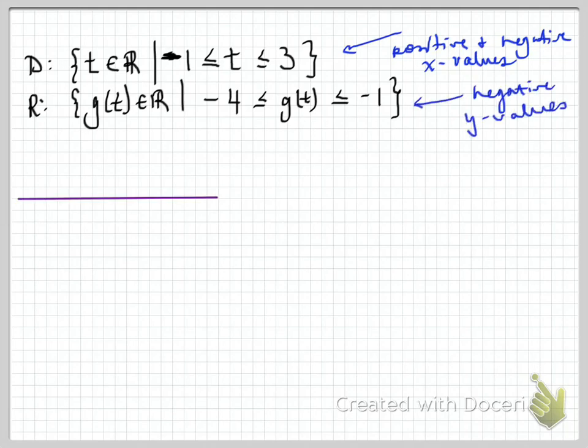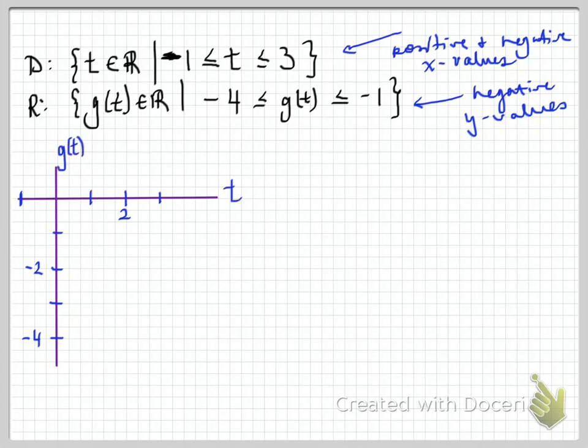So there are positive and negative x values and only negative y values. So we want to draw the axis so that it covers all of this, but not with too much space. So our t is our x-axis, our y-axis is our g at t, and now we're going to graph this.